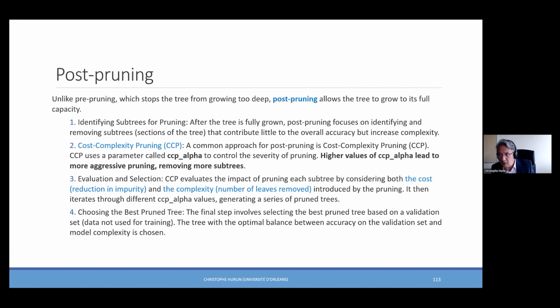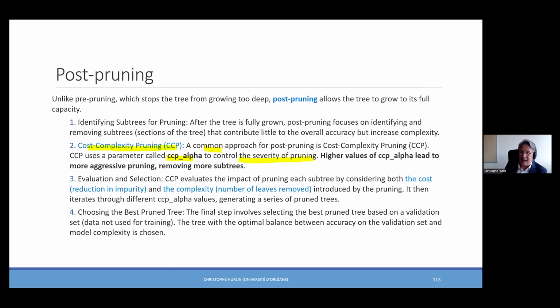Let me explain how it works, and then you will understand all the options that are available in scikit-learn. For that, we have a cost complexity pruning parameter, the CCP, which is called ccp_alpha in scikit-learn, to control the severity of the post-pruning.